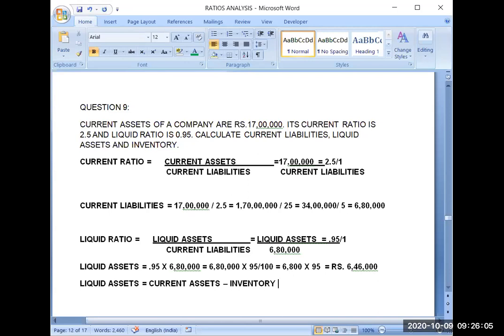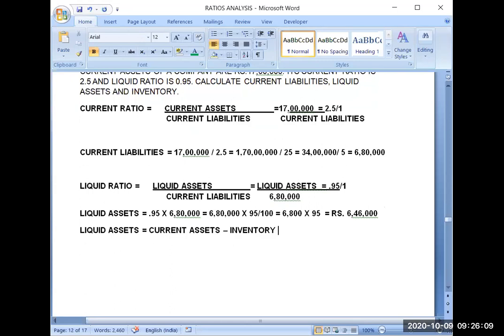But for this question, we will be using only this much formula so that we will be able to calculate value of inventory. Now liquid assets I have calculated 6,46,000. Then current assets are given in the question 17 lakh, minus inventory I have to calculate.